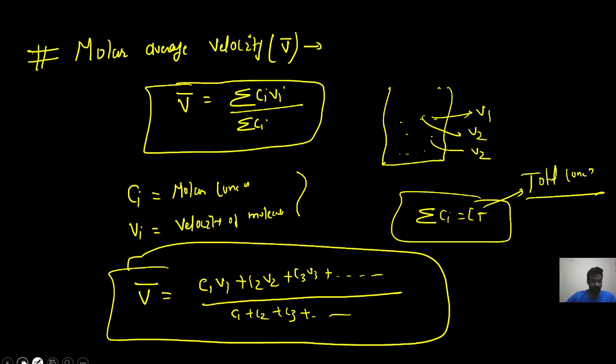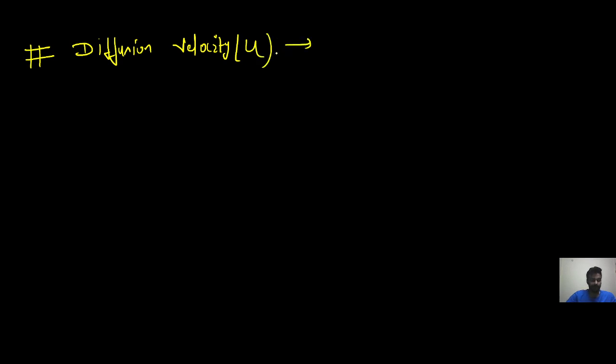Now I'm going to define something different, the diffusional velocity. I'm defining it as u.